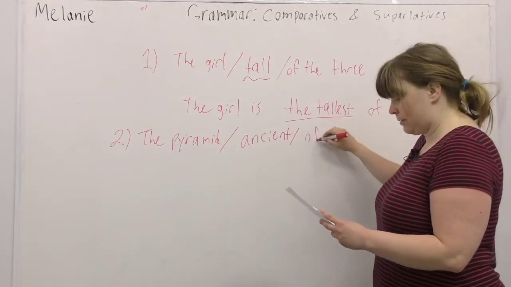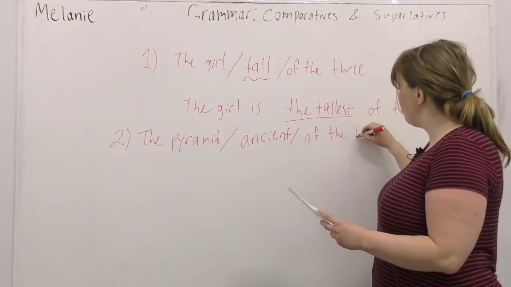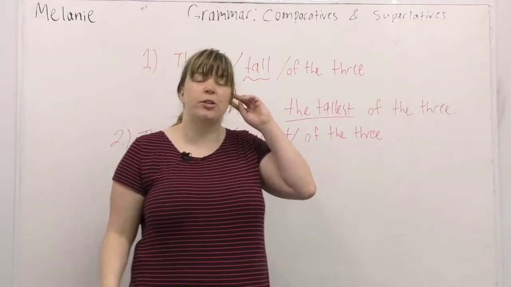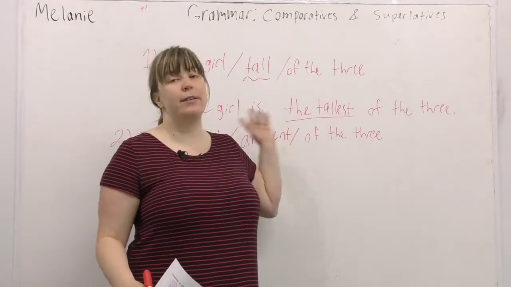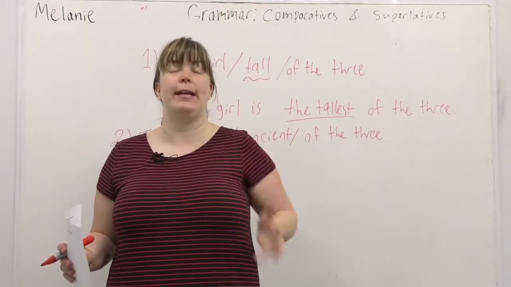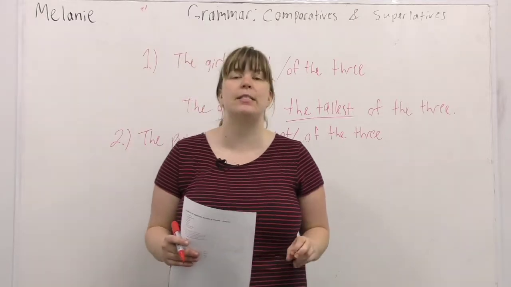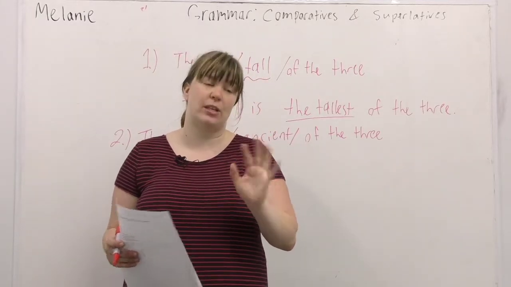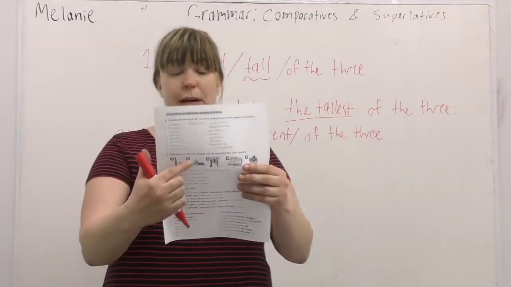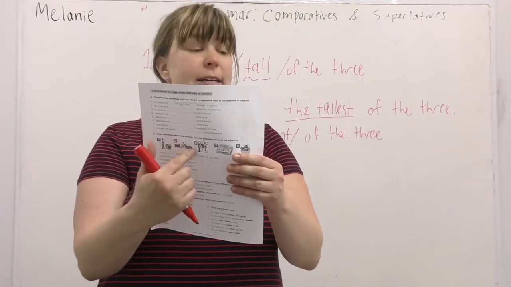Of the 3. Once again, we have 3 things. Sorry, I forgot to mention earlier, superlative is used when you're comparing 3 or more things, while comparative is used for 2 things typically, between 2 things. Okay, so here we have our pyramid, and we have 2 other buildings.